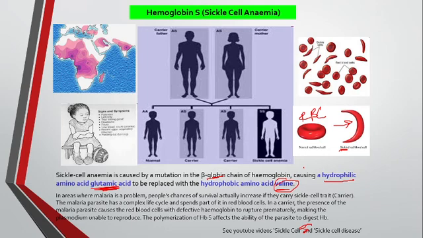The polymerization of hemoglobin S affects the ability of the parasite to digest the hemoglobin. What are the signs and symptoms? Not feeling good, headache, fever, low blood count. These are some signs and symptoms of what? Hemoglobin S, also called sickle cell anemia.